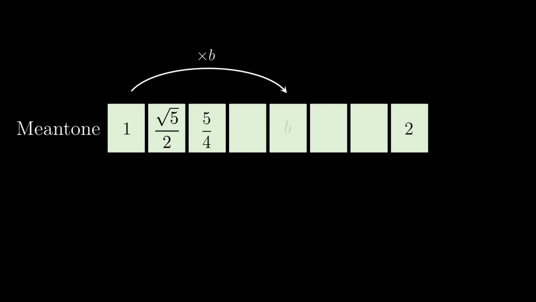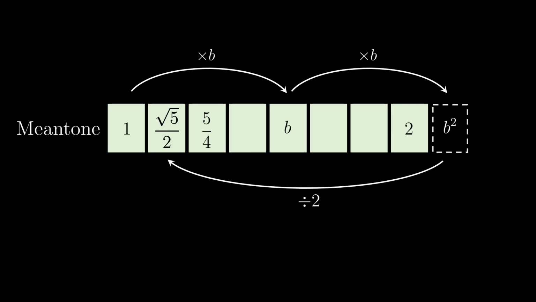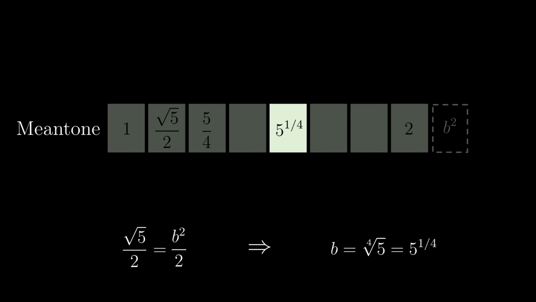So let's denote by B the number for the fifth. If we now go another such fifth and then down an octave, we get that our second note, which is the square root of 5 over 2, should equal B squared over 2. And the solution of this equation is that B equals the fourth root of 5, which can be written also as 5 to the power of 1/4. So this is the meantone fifth.